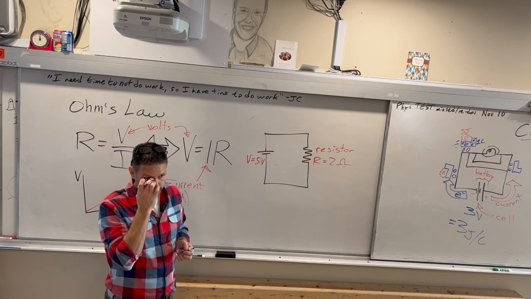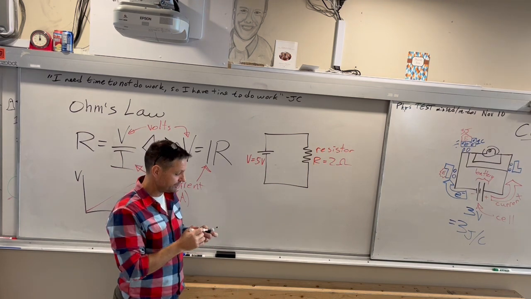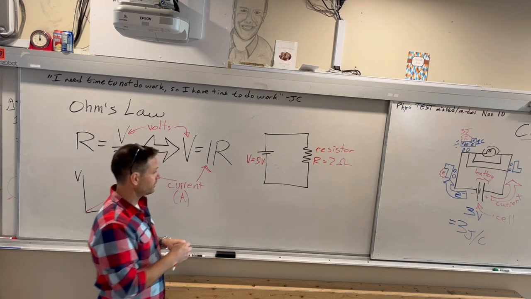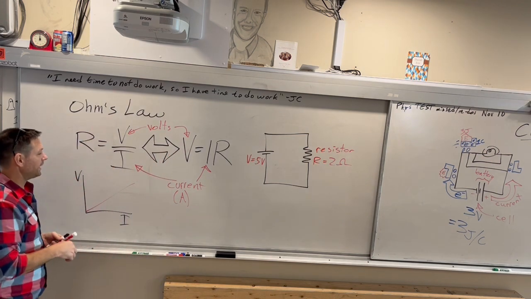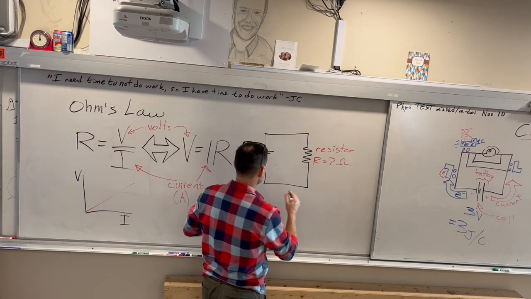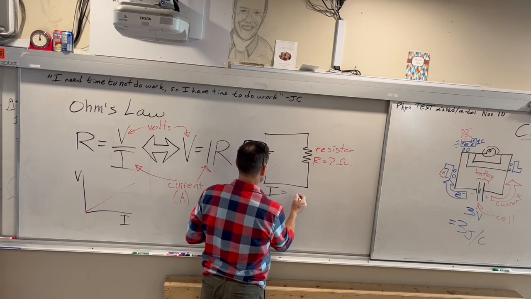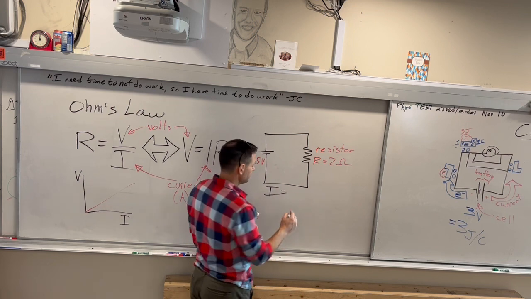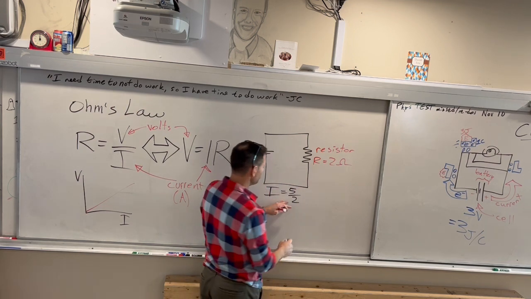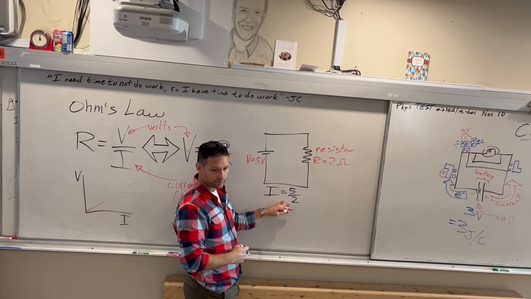And then you can find, so what's your current going to be? 2.5. Yeah, 2.5, right? Because your R is going to equal V over I, and so you got 5 over 2. And so the current in this will be equal to 5 over 2. And what would be the unit of this?